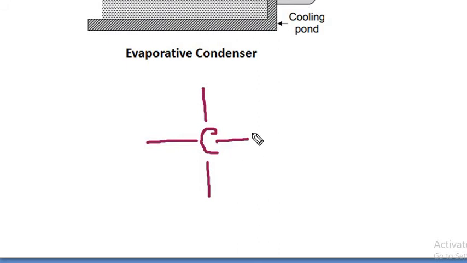Hydrogen is attached to each arm: 1, 2, 3, 4. Okay, this is the structure of methane, and we know this is saturated because no double bond is present over here. So what will be the formula for this refrigerant?